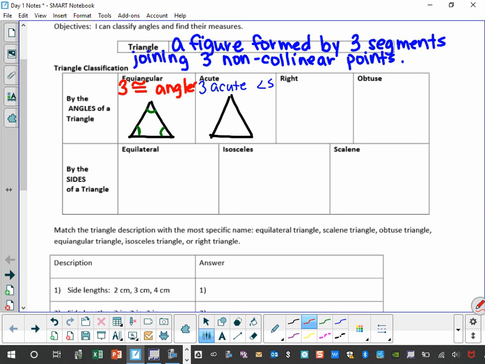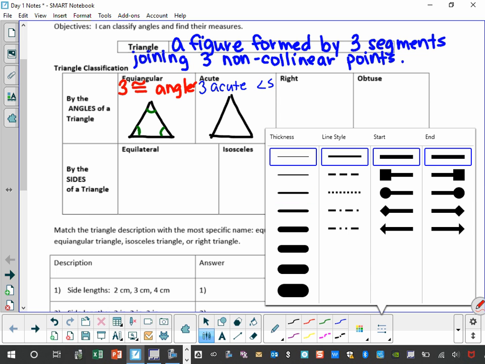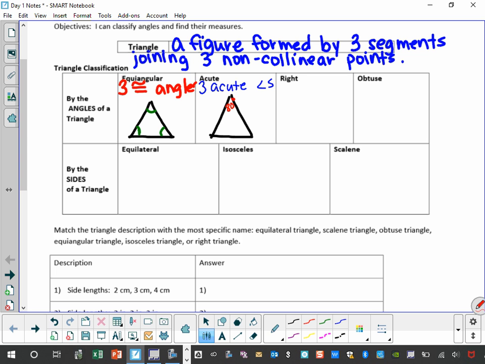What does acute mean? I need to have measures under what? 90. Under 90, because 90 is a right angle. So let's say we put 80 degrees here. If all of your angles are less than 90 degrees, it is an acute triangle.